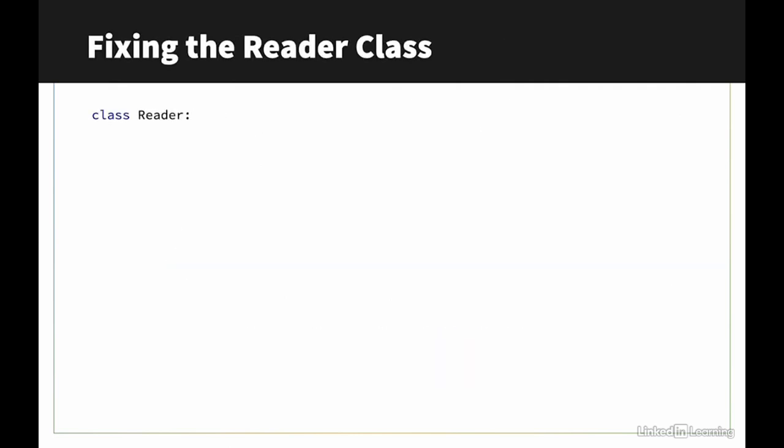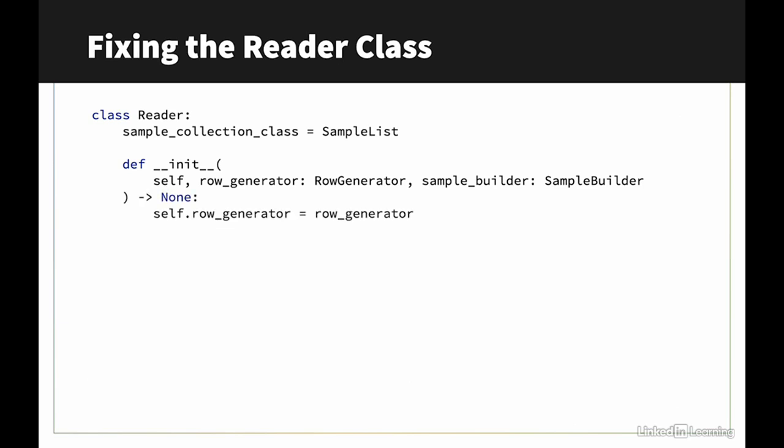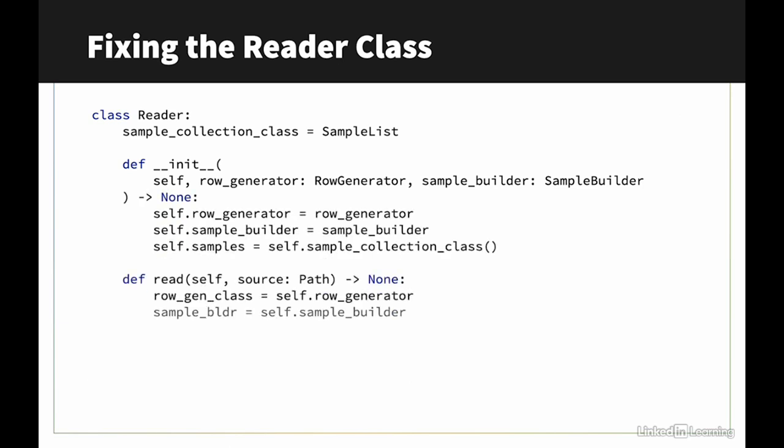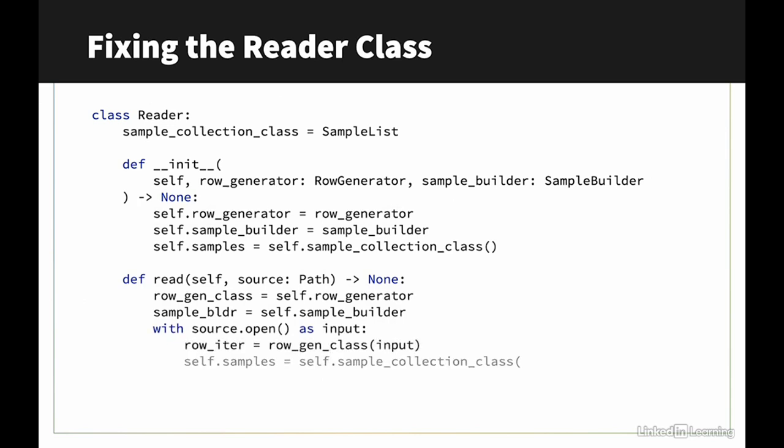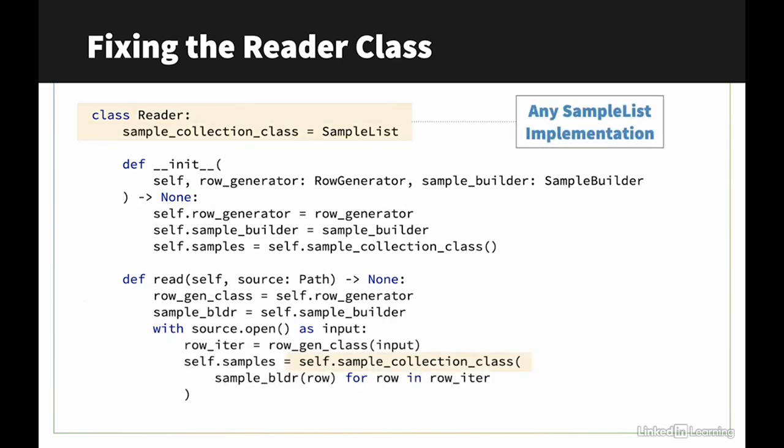Here's another example. I've exposed the dependency between the reader class and an instance of the sample list class that it creates. I've made the sample list dependency into an attribute of the reader class.